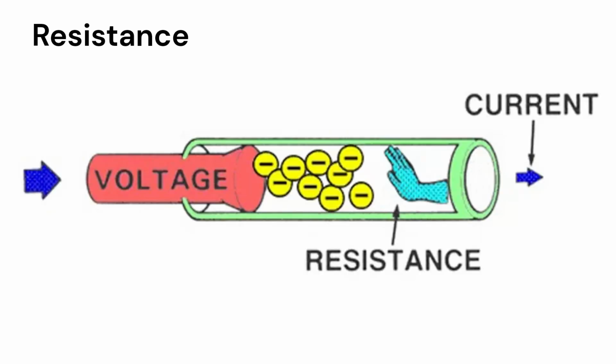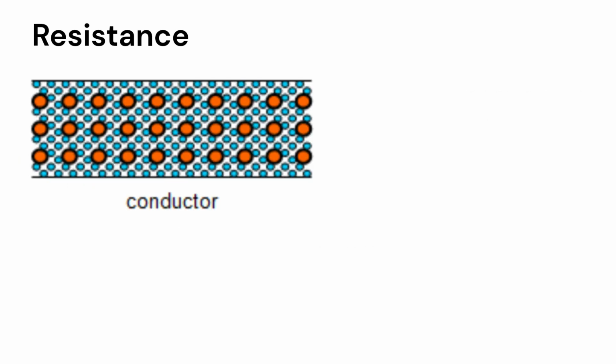Now, the resistance. The general meaning of resistance is objecting or opposing someone or something, or fighting against something. In electricity, resistance is opposing the flow of electrons. In conductors there are more free electrons to flow.